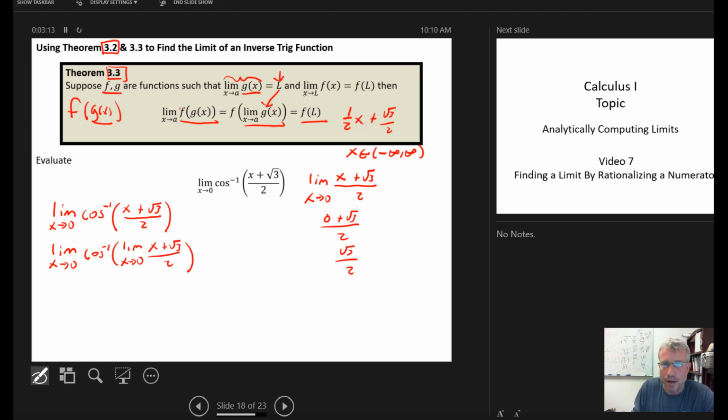The limit as x goes to a of f of g of x is f of the limit as x goes to a of g of x, as long as that limit exists, which it did. So now I can take the limit of the interior function, which I did right over here, and this is going to be the cosine inverse of the square root of 3 over 2.